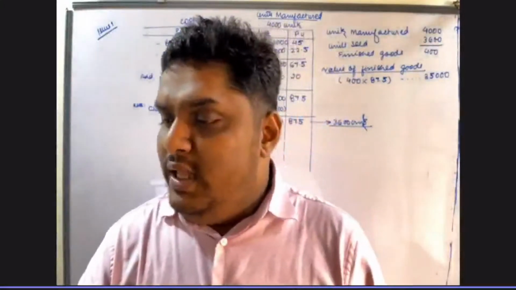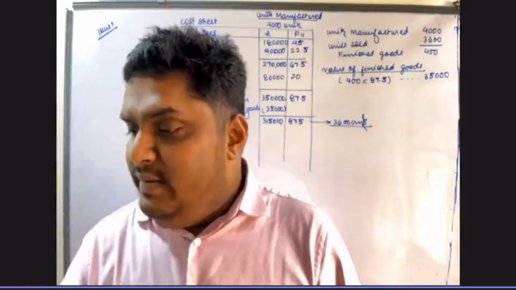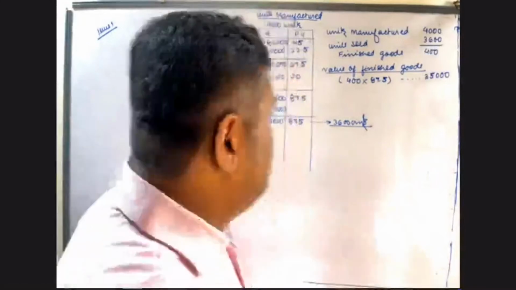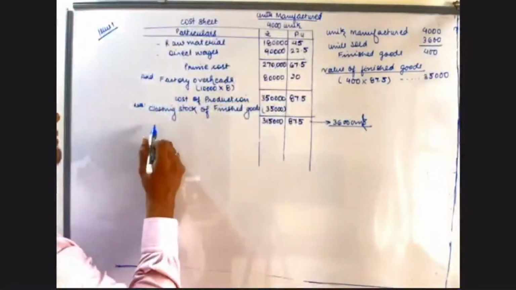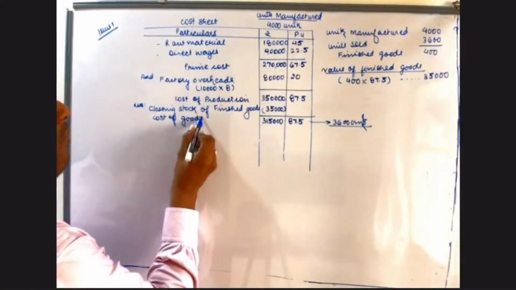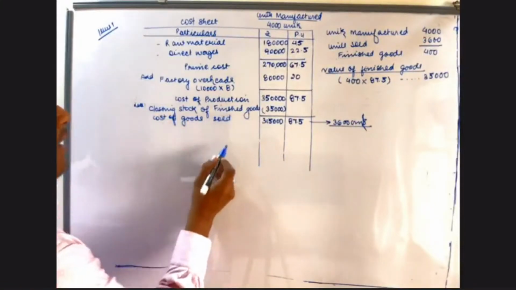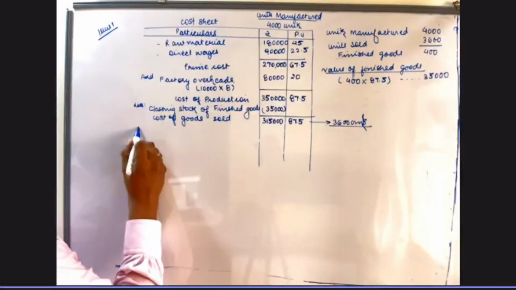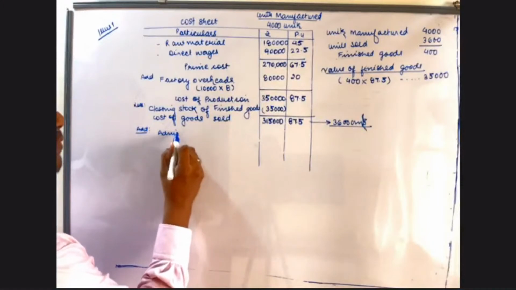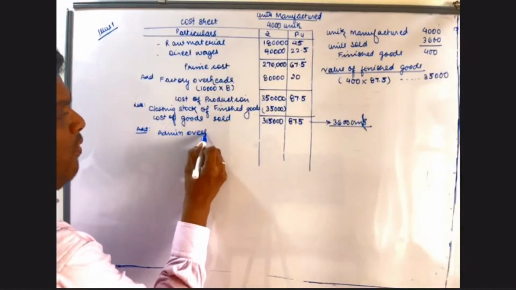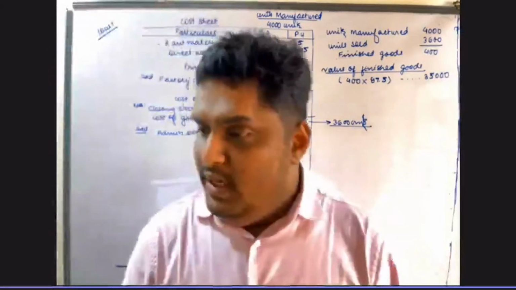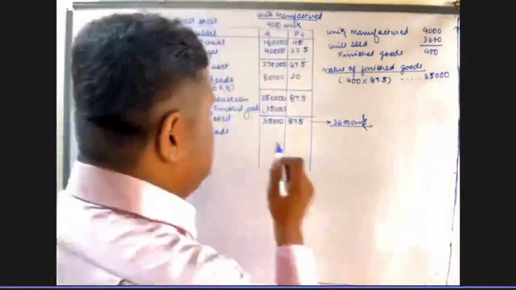So herein it is given that the administration overheads are 35,000. This is cost of goods sold. Here in my administration overhead, it is given in the question, that is 35,000.